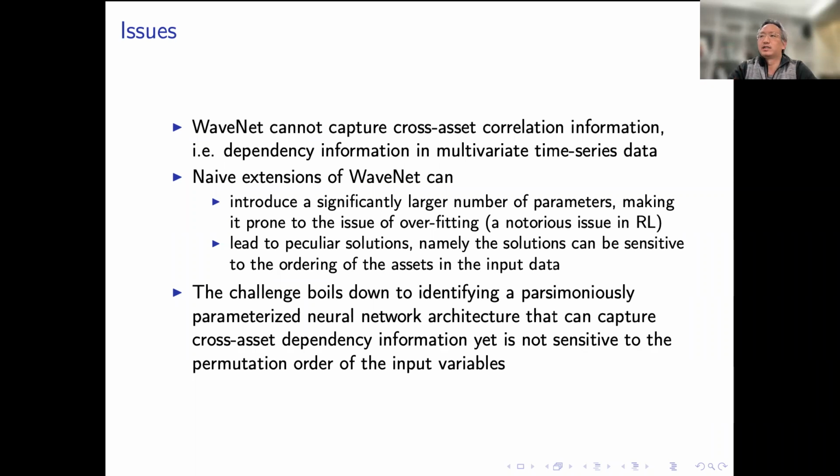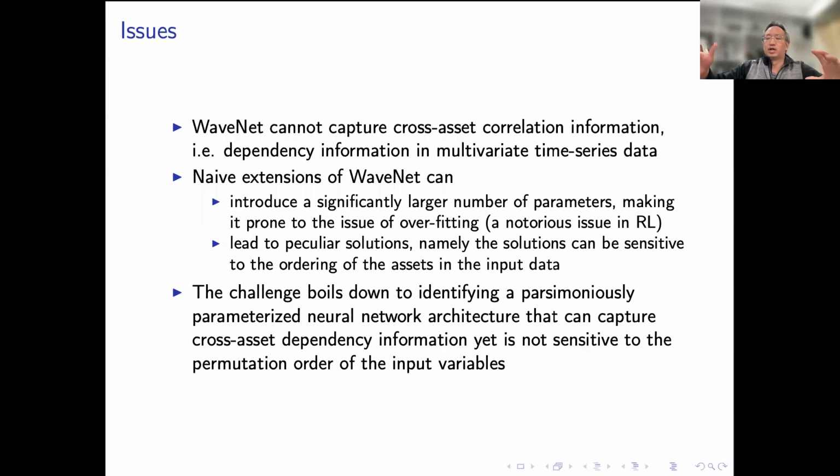On the other hand, to give you an example of a case in which the neural network will be permutation invariant, that would be, let's say, the simplest fully connected neural network. In the simplest fully connected neural network, even if you permute your time series data in the asset dimension, the resulting predicted decision, which in our case is the wealth allocation vector, will simply be the permuted version of the original wealth vector.